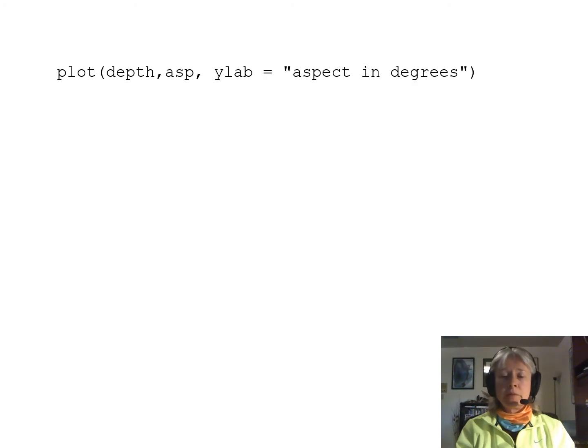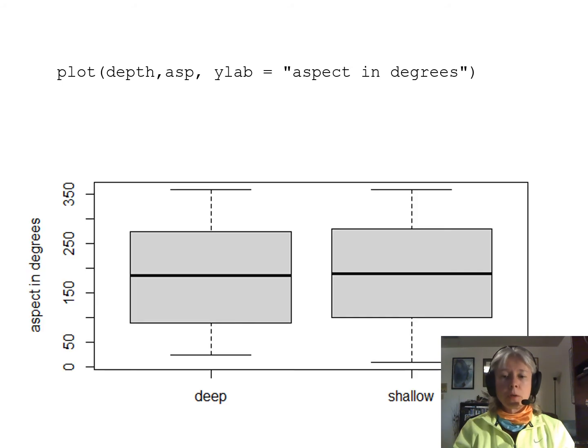You can also plot variables that are not numerical. For example, this line of code plots a numerical value, which is aspect in degrees, against a categorical one, soil depth. And when you do this, the result is a box plot rather than a scatter plot. The overlap of these boxes indicates that there is likely no statistical correlation between these two variables.